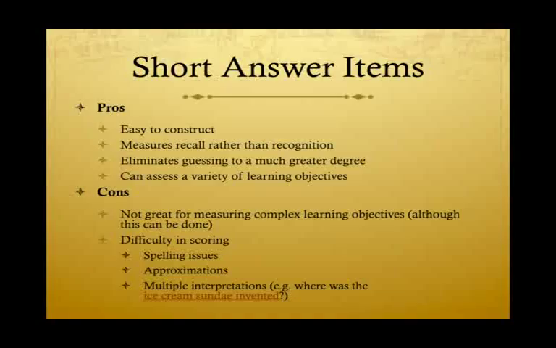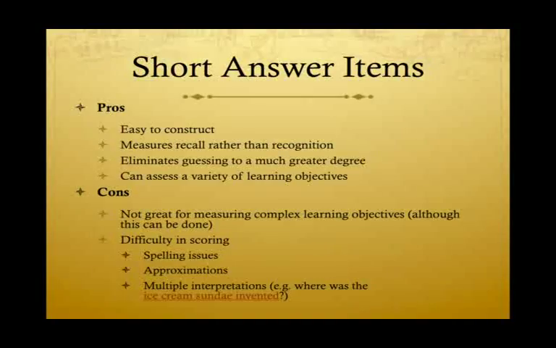The second greatest thing about short answer is that it eliminates guessing to a much greater degree, right? Multiple choice has still got a 25% chance of getting it right. Short answer, if I don't know, I'd probably say maybe 5%, 10% tops, depending on how many options I have.